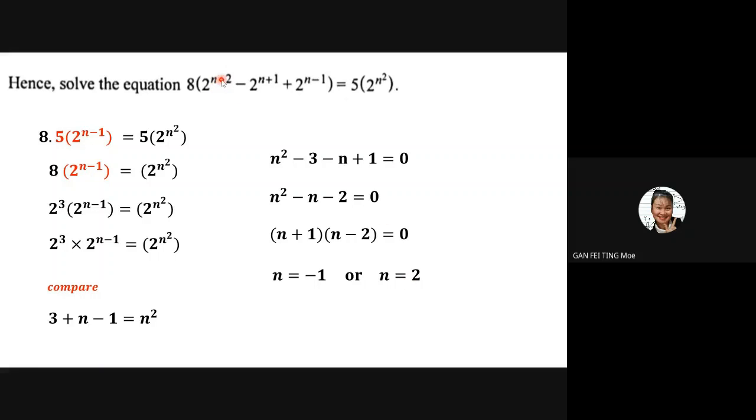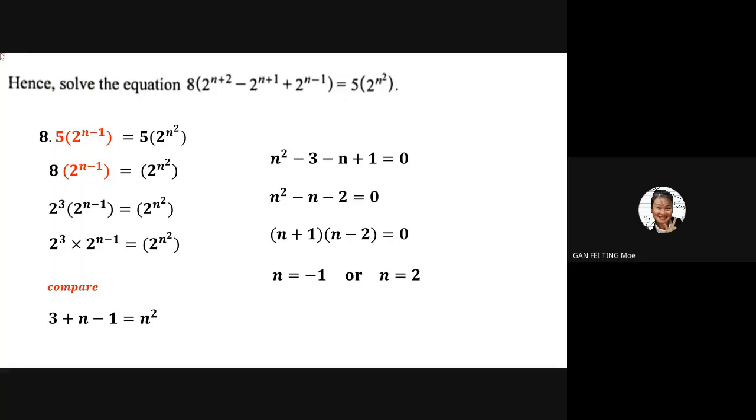So the same way you sub your n as 2 into here. 2 to the power of 4 plus 2 to the power of 3 plus 2 to the minus 2 to the power of 3 and then plus 2 to the power of 1. Okay, 2 to the power of 4 minus 2 to the power of 3. Okay, and then plus 2 times 8.